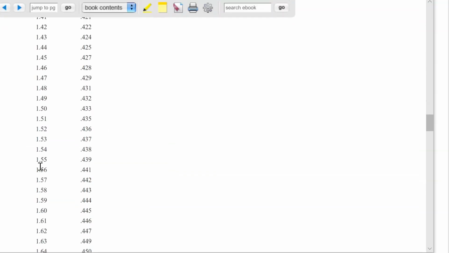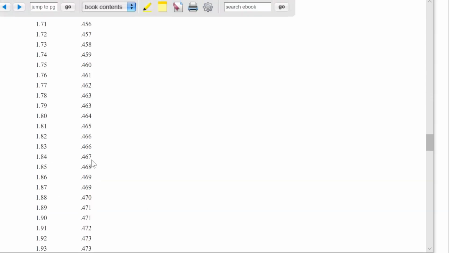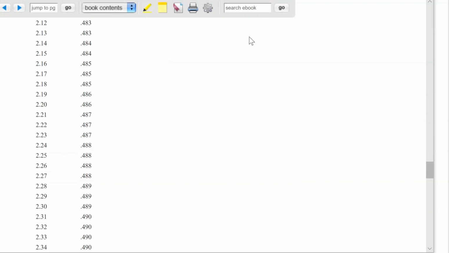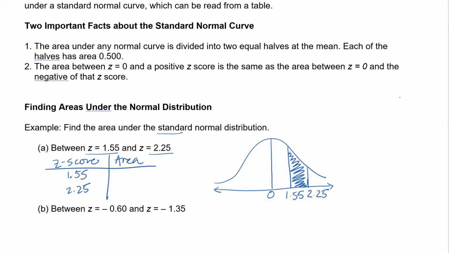It looks like a z-score of 1.55 has an area of 0.439, and 2.25 has an area of 0.488. I'm just going to write those down. So 1.55 has an area of 0.439.